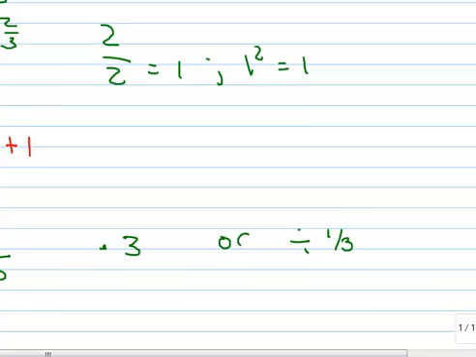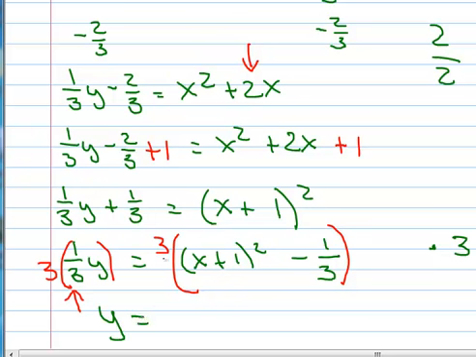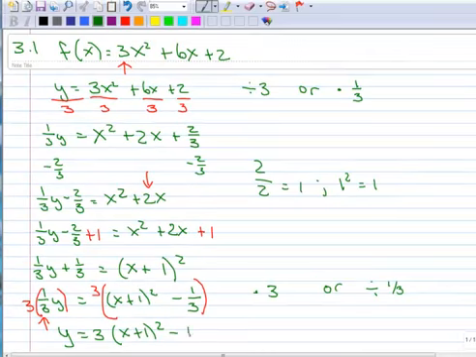That means everybody gets multiplied by 3. The whole side gets multiplied by 3. So let's see what that looks like when we do it. 3 times 1/3, well, that's just 1, which was the whole point. And then this 3 I'm just going to put right in front of that binomial. There we go. And then 3 times 1/3 is 1.